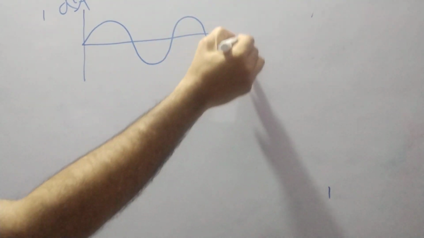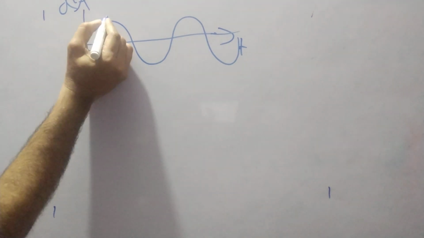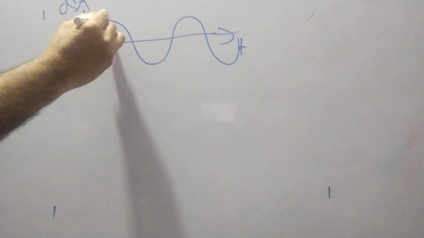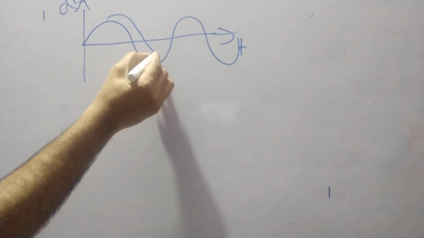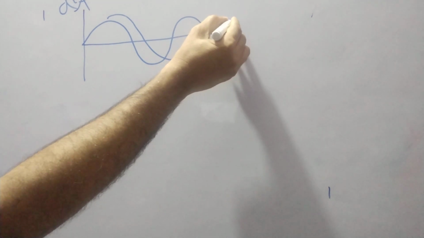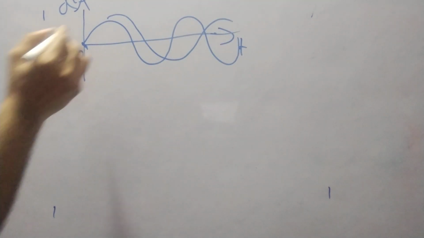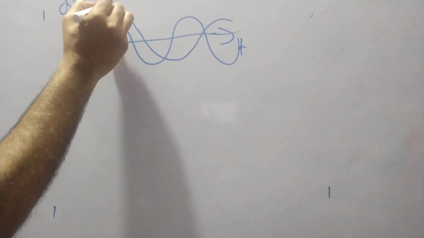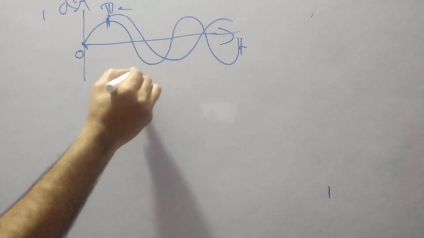The second curve, suppose it starts here, and it is going like this. This first curve is starting at 0. This second curve is starting at pi by 2. So your phase difference is pi by 2.